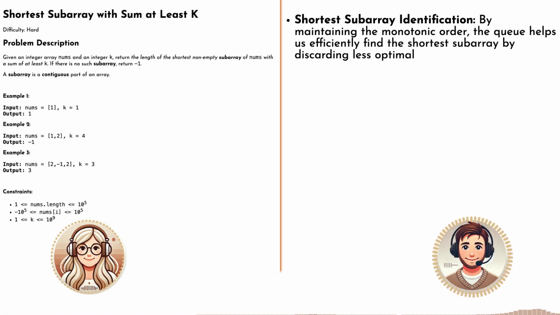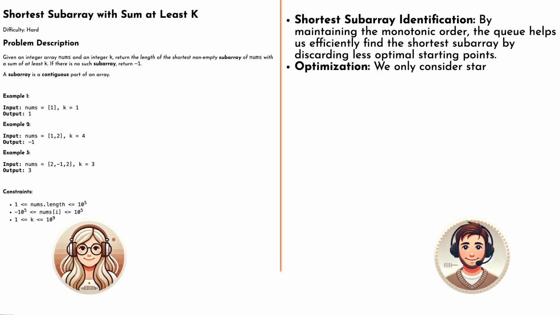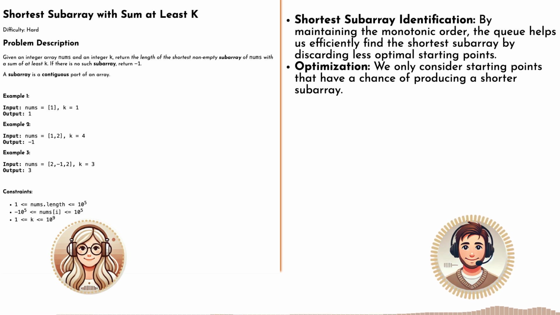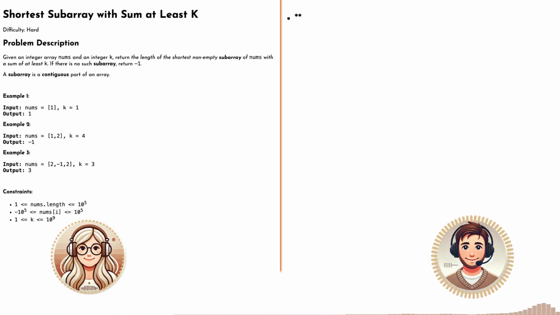So how do we actually use the monotonic queue as we process the prefix sums? Well, we'll iterate through our array of prefix sums, and for each one, we'll do a few things. First, we'll check if we can form a valid subarray using the elements already in the queue. So we're looking at the difference between the current prefix sum and the smallest one in the queue, which is at the front.